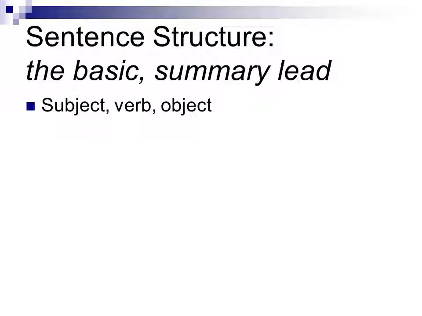Again, continuing on with information that you'll need in order to prepare your assignment, we'll talk about how to construct your sentences in the basic summary lead. We want to write short, simple, direct, understandable sentences. Subject, verb, object. Okay? And we need to understand that as we write, we need to go back and look at the structure of our sentences and question ourselves, hey, am I meeting that objective there?